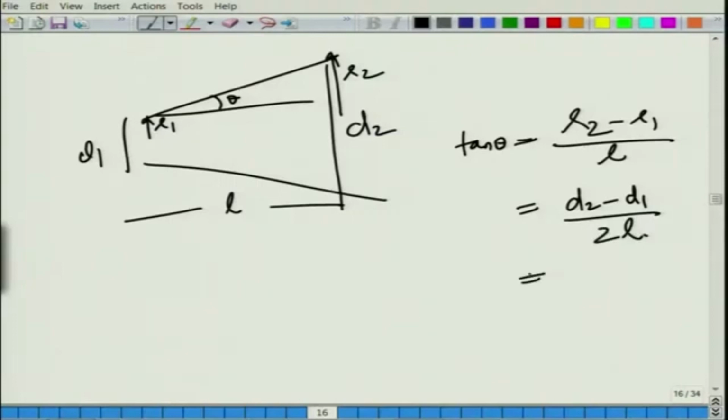So, let me call 2 tan theta is equal to D2 minus D1 by L, and let me call this the slope m.